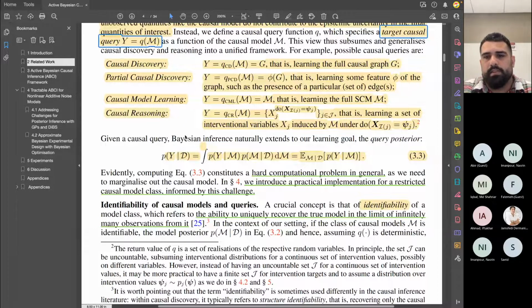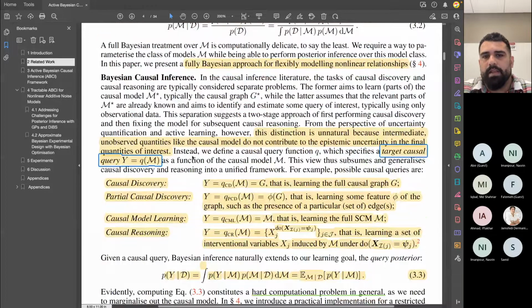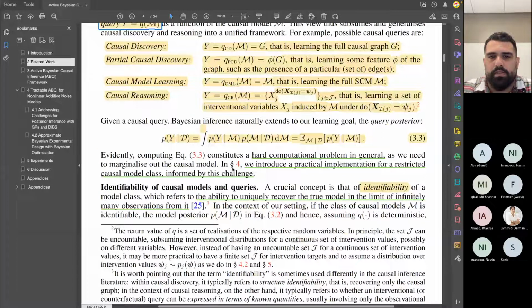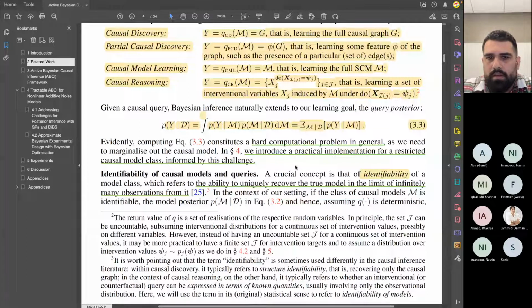So there's a query prior, and then there's a query posterior, given the Bayes theorem here, and this is the formula for that. This is the distribution of y, the query given data. So this is one important part that they talk about.